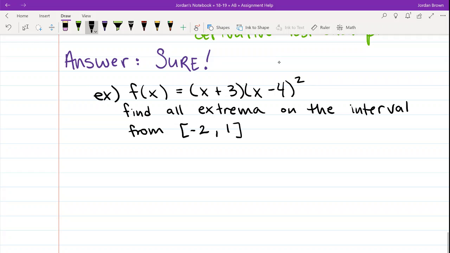All right. So we're going to find all extrema on the interval from -2 to 1 of this function using the first and second derivative tests.